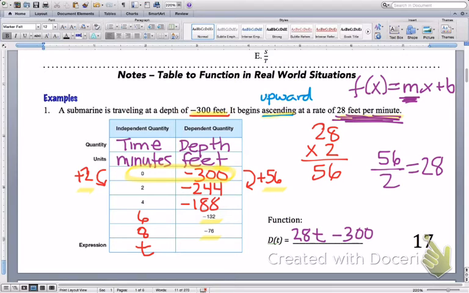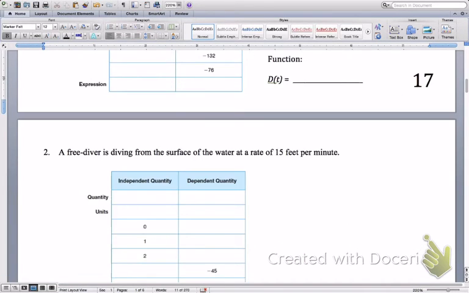So my function is d of t, so d for the depth at any time, is 28t minus 300. I'm going to take this expression and put it here. So for my function, the right part of my function is my expression, 28t minus 300. And this will allow me to calculate at any given time. Let's go ahead and clear this out and move on to the next problem.